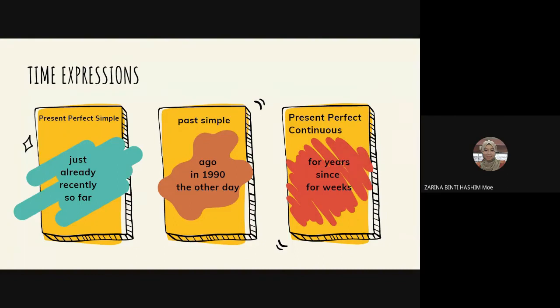That bila ada not, then you should use, because this is past simple kan. So kalau past kena guna apa tadi? Somebody say something. That I, cannot say have because this is past simple. Have tu kalau present perfect.